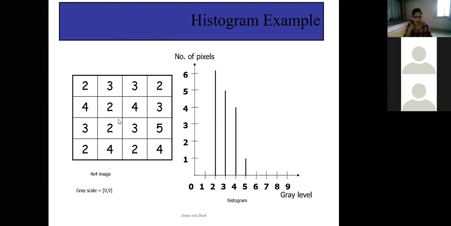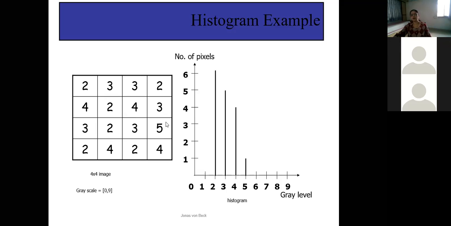So basically, the histogram gives you an idea about the image in a broader sense, but different images can have identical histograms. This is important. The histogram doesn't give you complete information, but it gives you an idea about the given image in a broader sense.